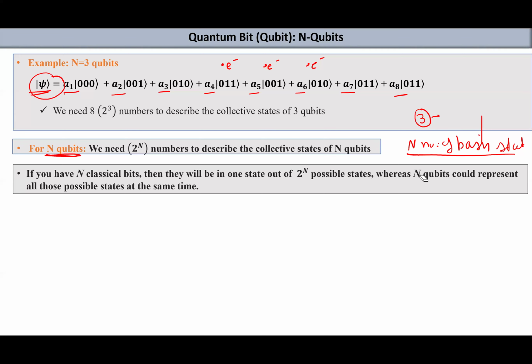And to describe it, I need, sorry, 2 power n complex numbers to define the wave function. Here it will be 2 power n. So I need 2 power n complex numbers to define the superposition wave function.